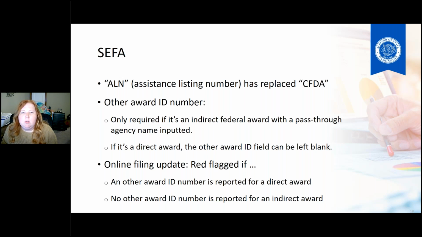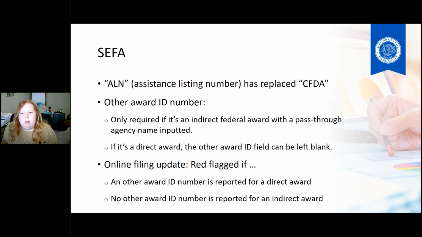And then we have also cleaned up our instructions and programming related to how the other award ID number is reported on the CFA, just so that it's more clear and consistent. So previously, the other award ID field was required for every line item on the CFA. So you had to put at least something into that field in order to submit your report.